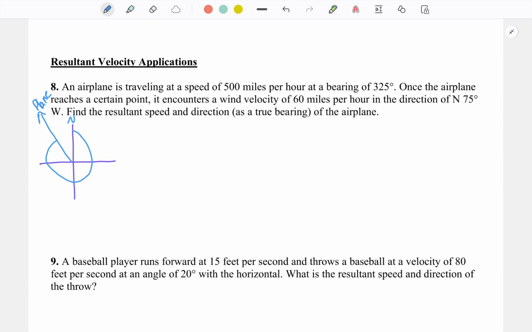So let's see, from that 325 minus the 270, because we went through 3 quadrants, we have 55 degrees here, which means over on this side, what's left of 90 is going to be 35 degrees. So 35 plus 90 gives us 125 degrees for the plane in standard position.